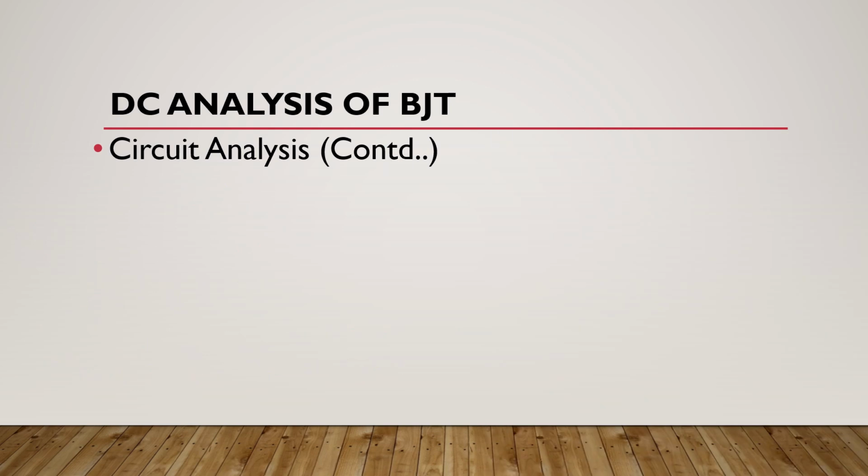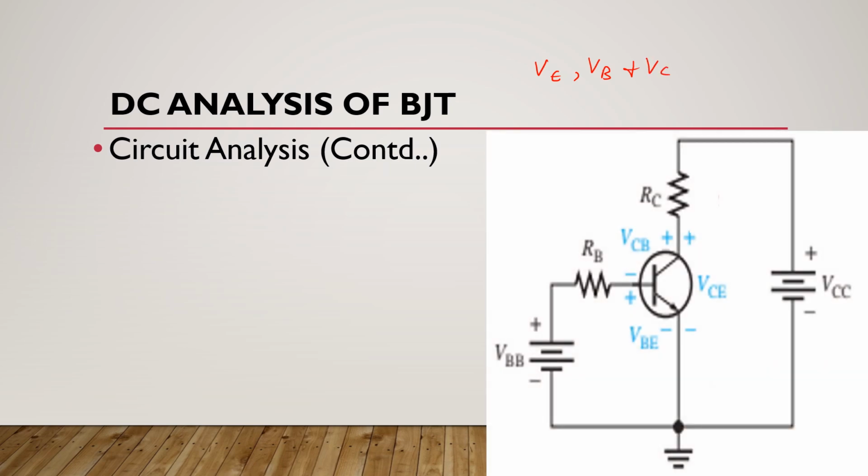Now, how are you going to find nodal voltages VE, VB, and VC? If you look at this circuit, we have VC here, VE will be here, and here we'll have VB. As you can see, this VE is connected to ground. It means here it is at 0 volts. It means for this circuit, VE is equal to 0 volts.